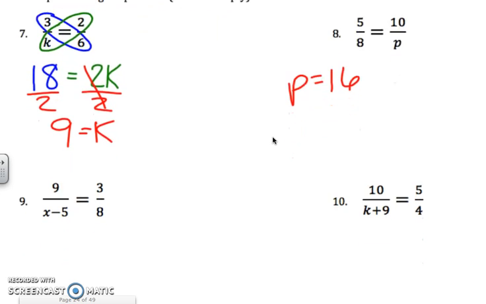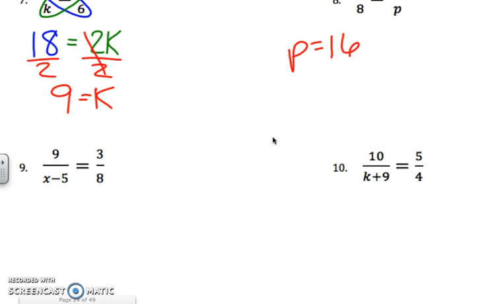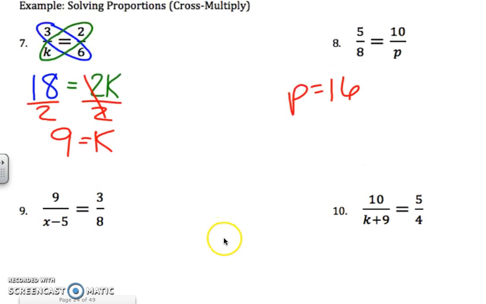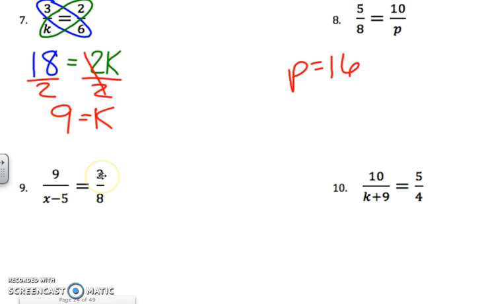Alright, last problem. This looks a little different because I have 2 terms here and, for example, here. Those 2 terms could be at the top or the bottom, but that's going to change how I'm going to cross multiply. But I can go ahead and cross multiply these 2 numbers. That's not going to change anything. 9 times 8 is going to be 72, and I can write it on that side of the equal sign.